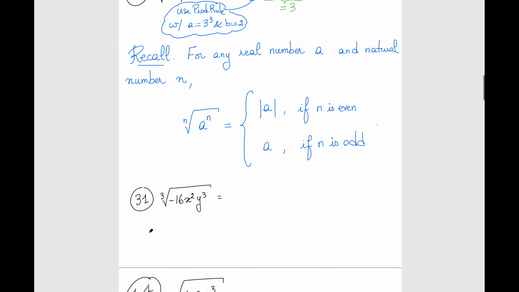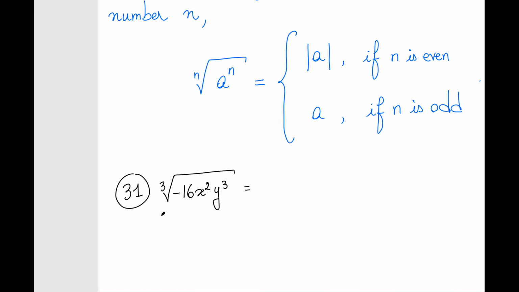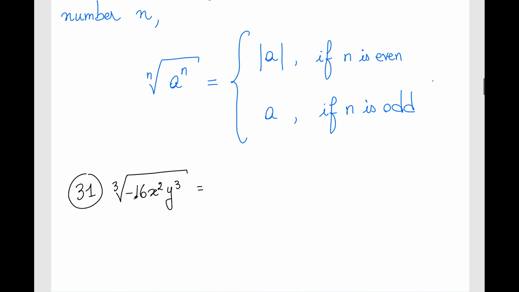Okay, let's do 31. The cube root of negative 16 times x squared times y cubed. So what I'm going to do is use the product rule for radicals, the one that we just defined above, and split it immediately.